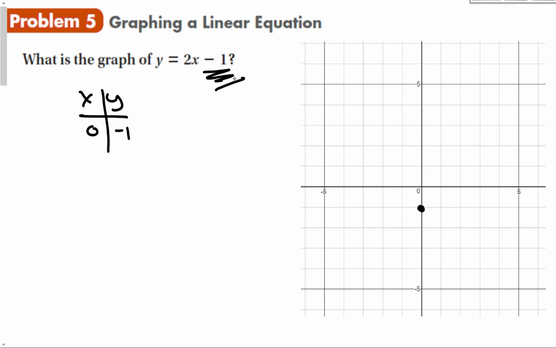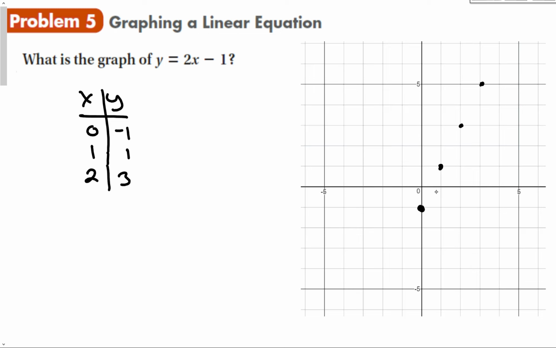But the easier method is to use the slope, which is 2 over 1, which means up 2, right 1. Up 2, right 1, up 2, right 1. And if we were to plug 1 into this function, I would get 2 times 1 is 2, minus 1 is 1. If I were to plug 2 into this function, I would get 4 minus 1 is 3.